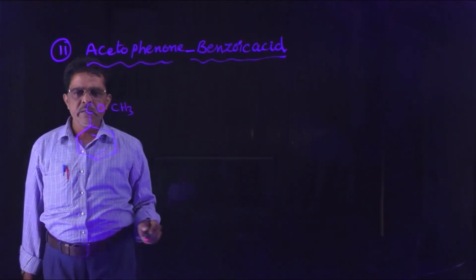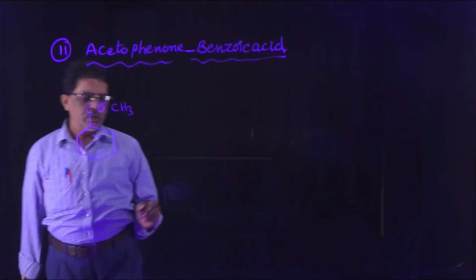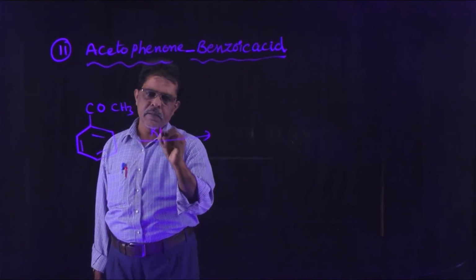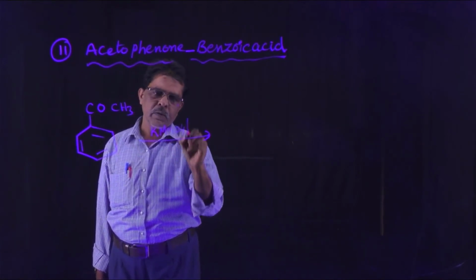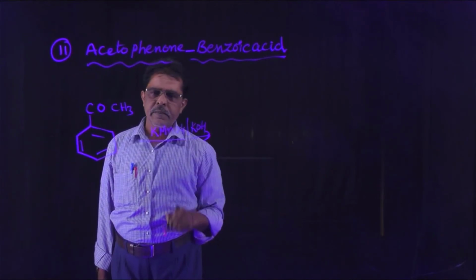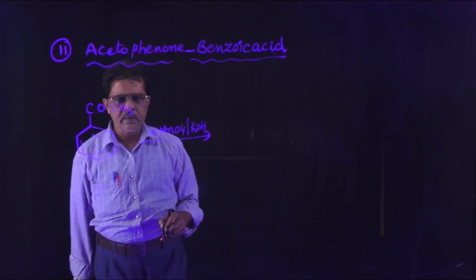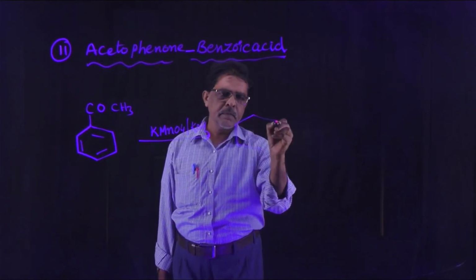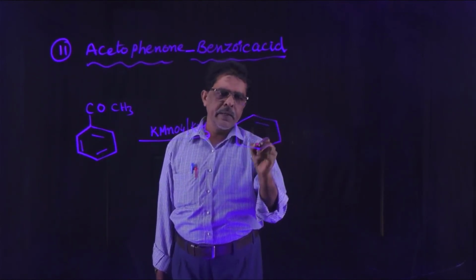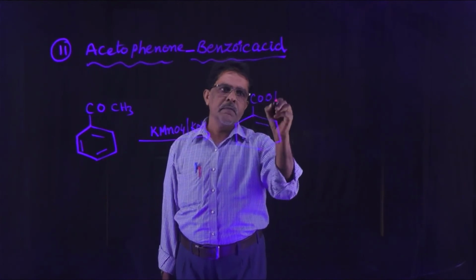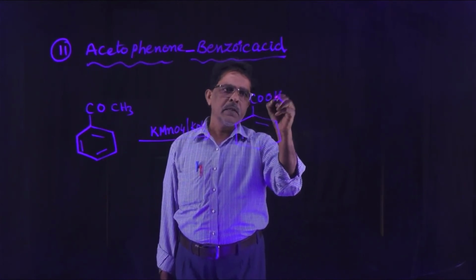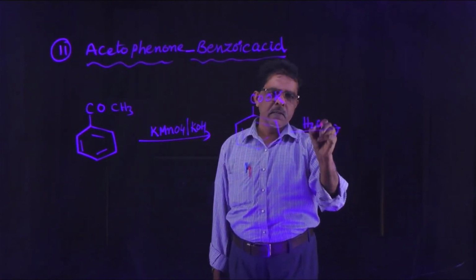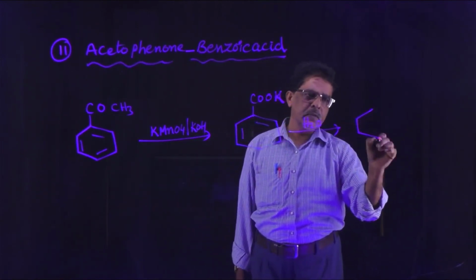This acetophenone is subjected to oxidation in the presence of KMnO4 and KOH, basic medium, on oxidation of the ketone. Then we will get potassium benzoate. Potassium benzoate is subjected to hydrolysis. Then we will get benzoic acid.